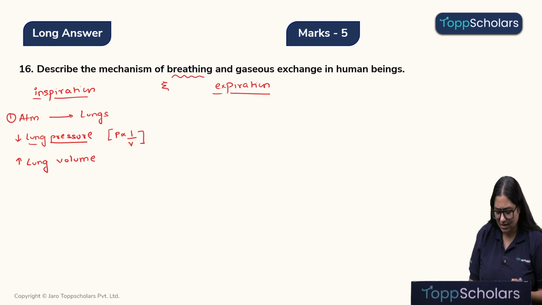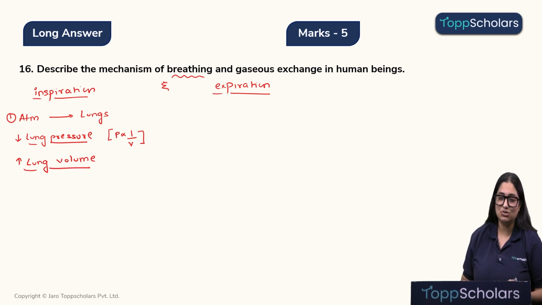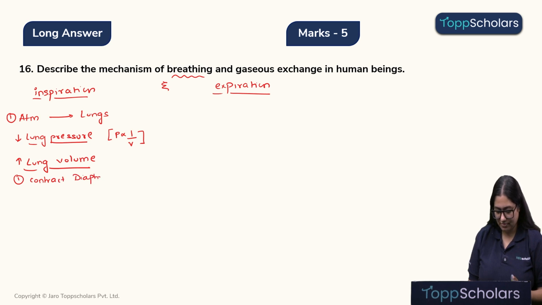Now how will we increase the lung volume? How will we expand the lungs? So let's understand. We are going to contract two main muscles. The first muscle is the diaphragm and the second muscle is the external intercostal muscle.